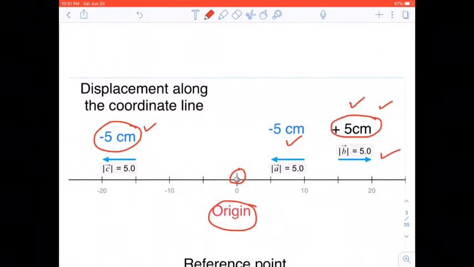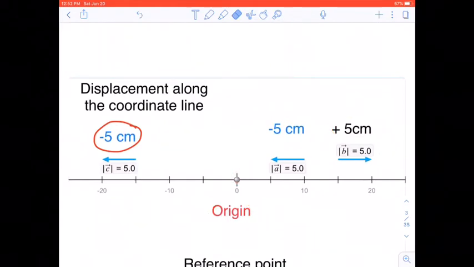Here we find that the vector is towards the negative. Now let's look at these.